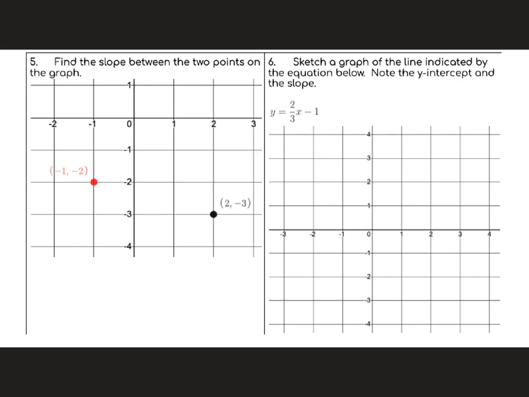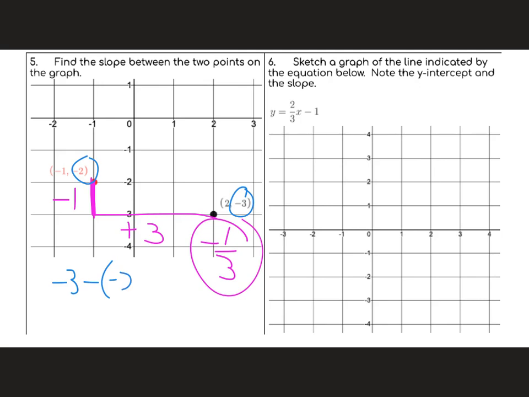Last page, find the slope. I'll show you 2 different ways to find the slope. First is just look at the picture. That's down 1 and right 3. So the slope is negative 1/3. Another way to think about it is look at the y values. So negative 3 minus negative 2, and then 2 minus negative 1.